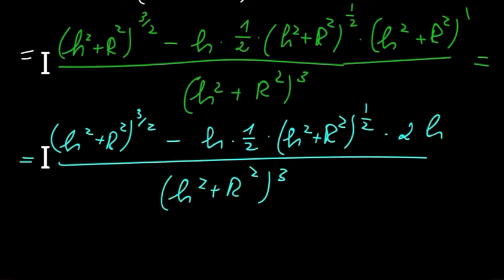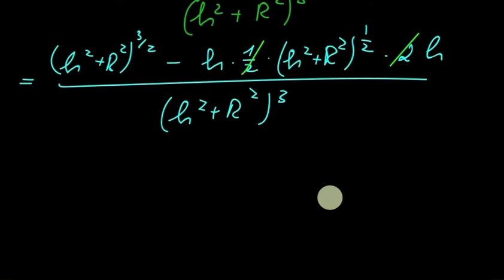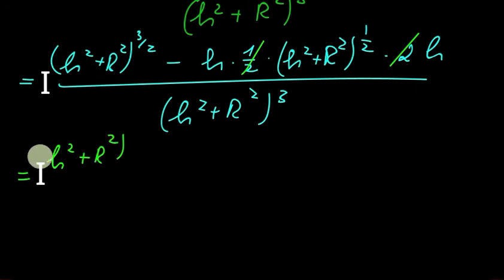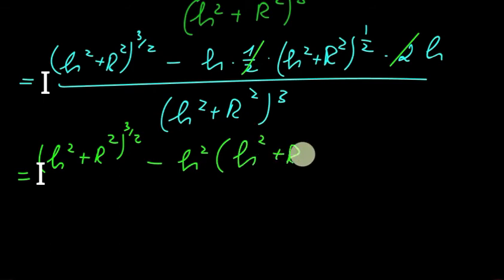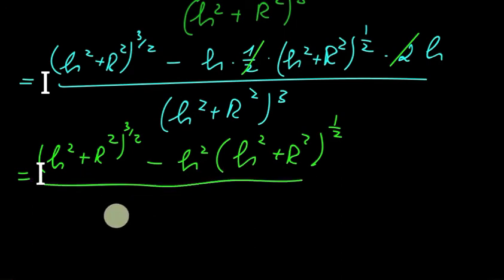Now these two terms will cancel out, and we are left with h squared plus r squared to the power of 3/2, minus h squared times h squared plus r squared to the power of 1/2, divided by h squared plus r squared cubed.